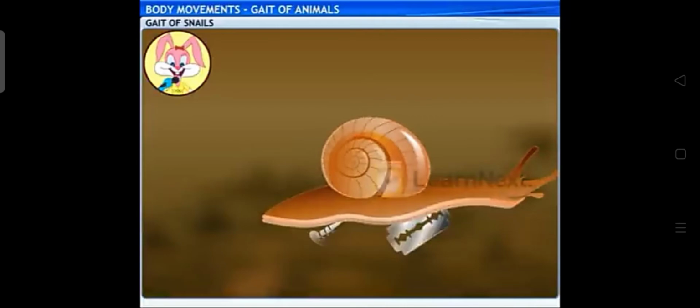You have seen that when the snail moves on a path, there will be some liquid substance known as mucus. That liquid material keeps the snail very safe. So it can move on hard or sharp objects also due to the slippery nature of the mucus.